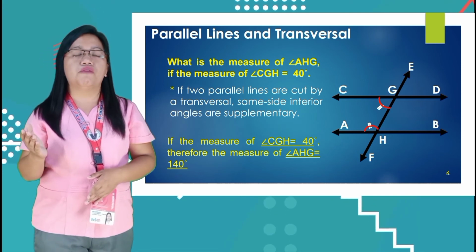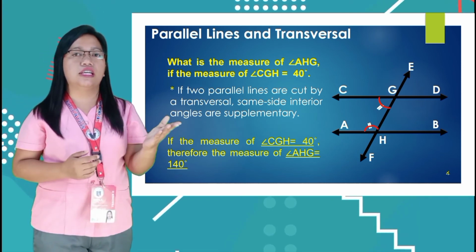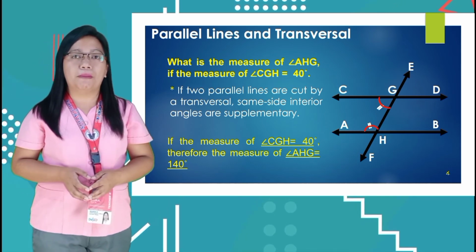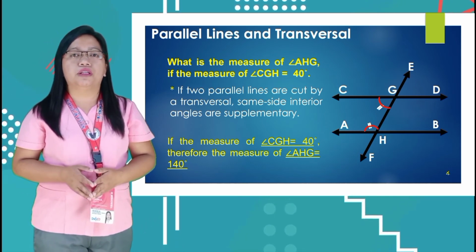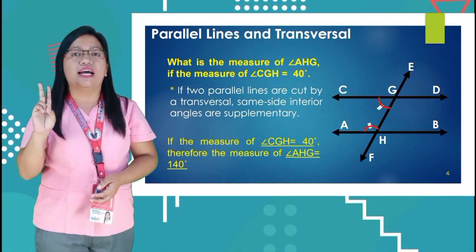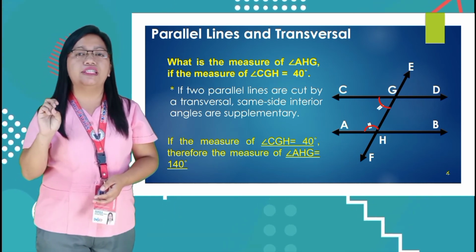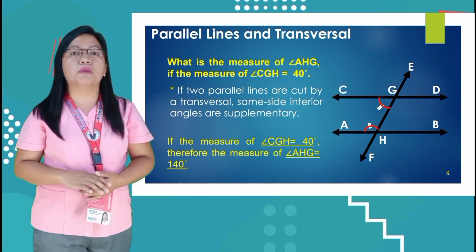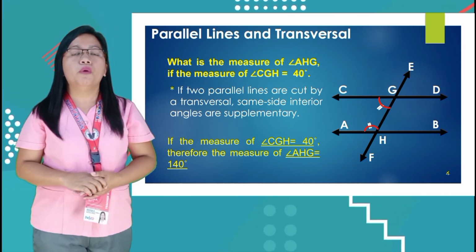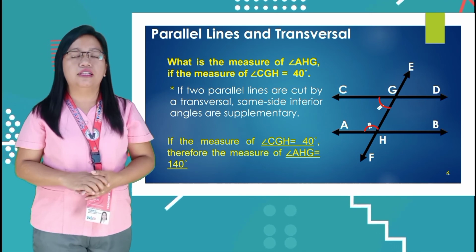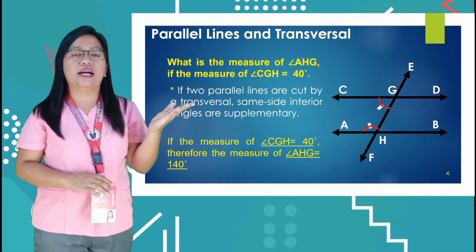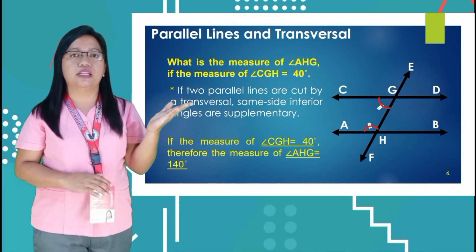Next, what is the measure of angle AHG, if the measure of angle CGH is equal to 40 degrees? Okay, for this problem, remember this rule: if two parallel lines are cut by a transversal, same side interior angles are supplementary. When we say supplementary, the sum of two angles must be equal to 180 degrees.